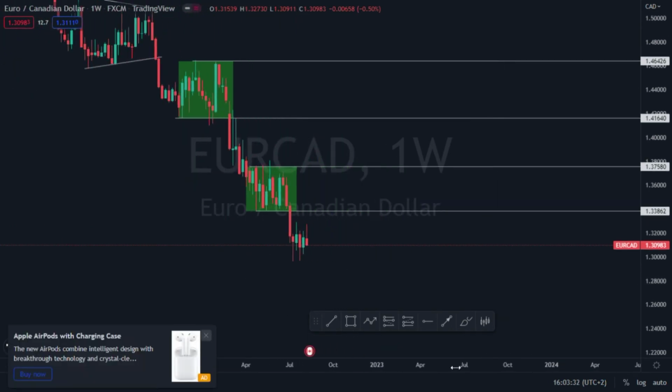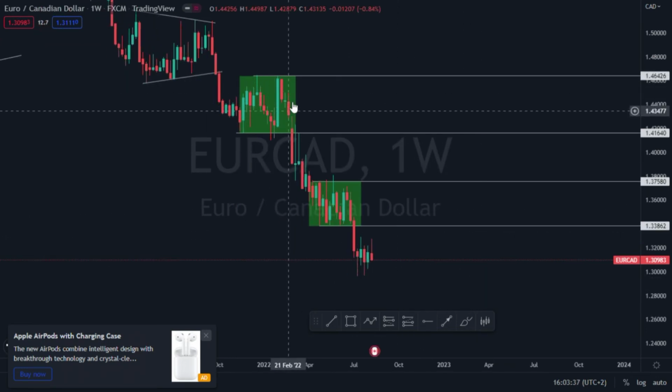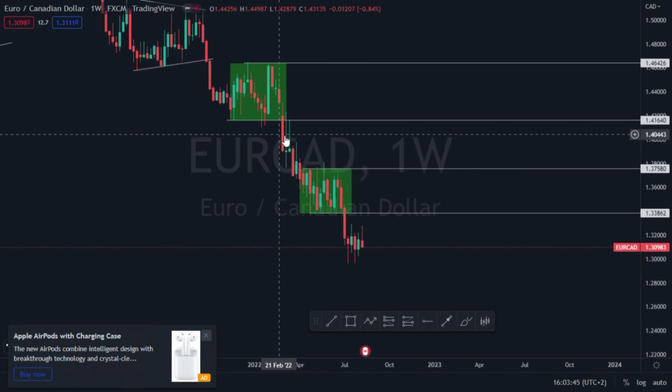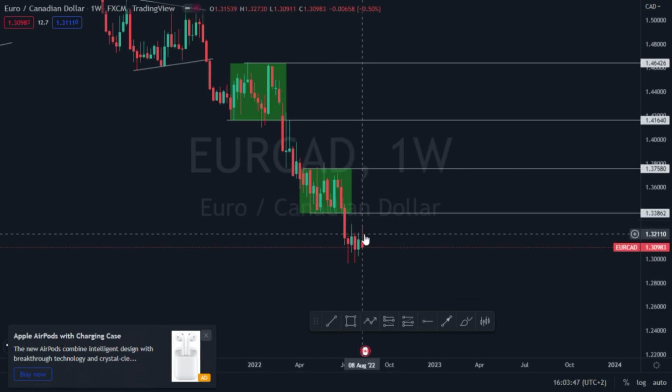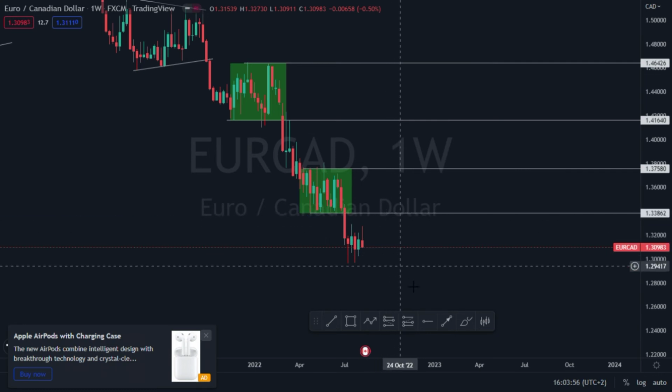On the weekly time frame, after that consolidation movement, we broke to the downside, and then a candlestick went back to test that broken level. So what happened here has to be repeated here. I wouldn't be surprised to see this market push to the upside, to that level right there, and then continue to move to the downside.